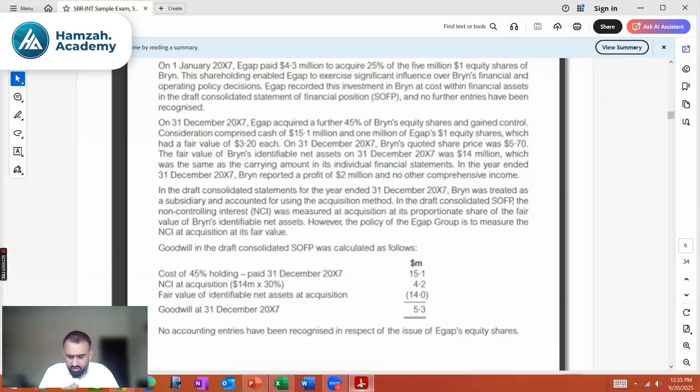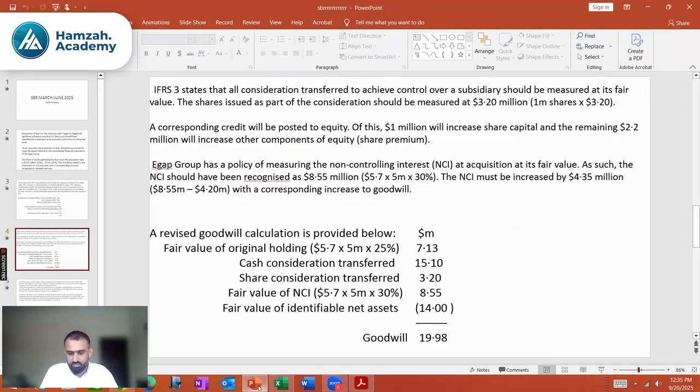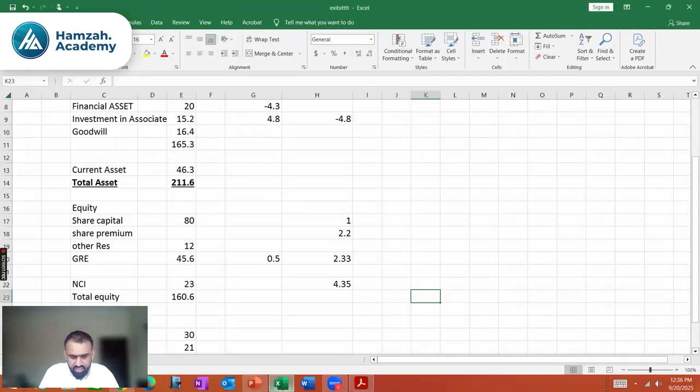And the value of the goodwill, they have recorded the value of goodwill at 5.3. But the actual goodwill is 19.98. So there is an increase in goodwill as well: 19.98 minus 5.3. So the goodwill will be increased by 14.68.